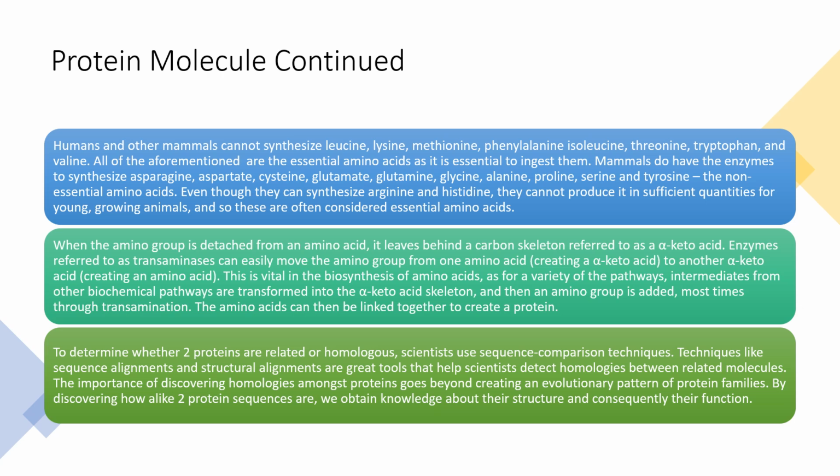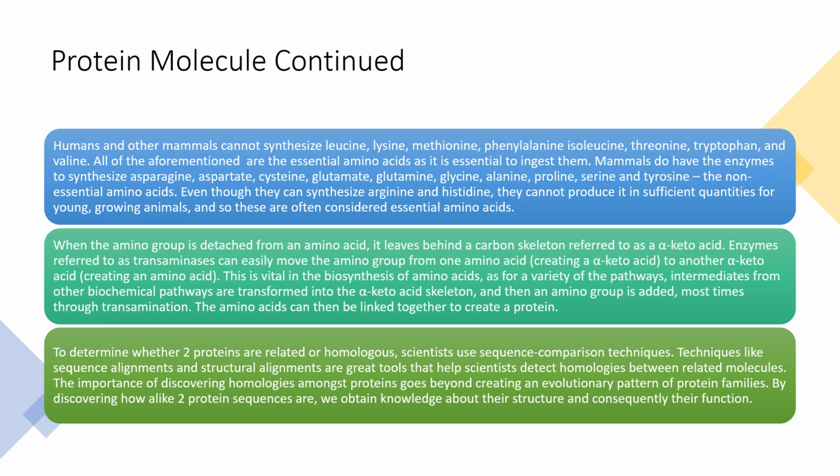Even though they can synthesize arginine and histidine, they cannot produce them in sufficient quantities for young, growing animals, and so these are often considered essential amino acids. When the amino group is detached from an amino acid, it leaves behind a carbon skeleton referred to as an alpha keto acid.